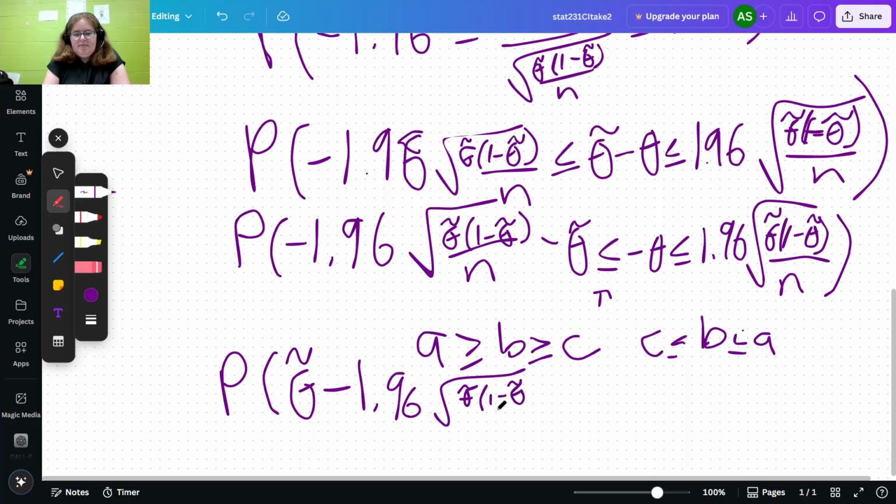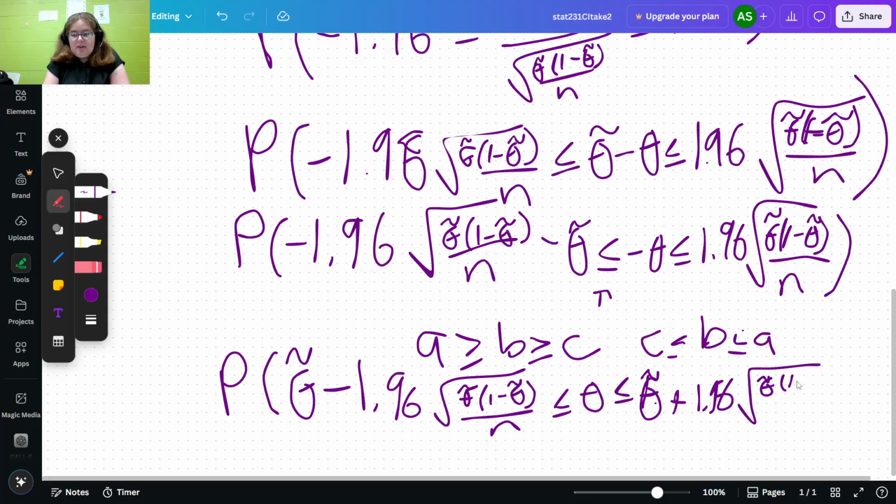And basically, I'm doing all this work just to show you where this is coming from, and I hope this makes sense. But you don't really need to do all of this work at the end of the day, because all of these asymptotic pivotal quantities will have this exact same form at the very end. So you can just plug and chug the formula there and not have to worry about doing all this rearranging and stuff.